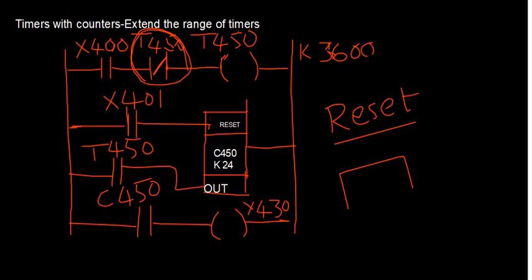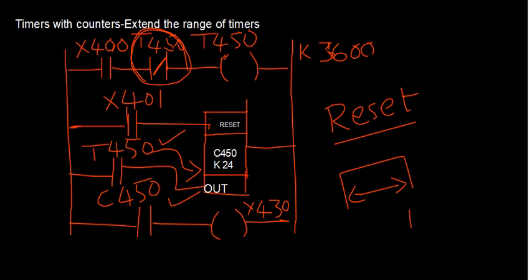So that would give the second pulse here. After the first 1 hour, you would get one increment here, that is T450, which is getting connected to out here, something like this, one pulse.